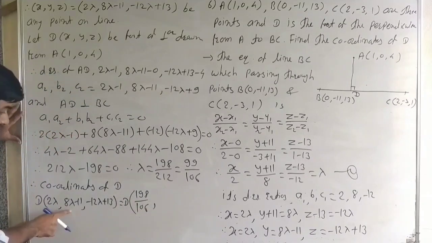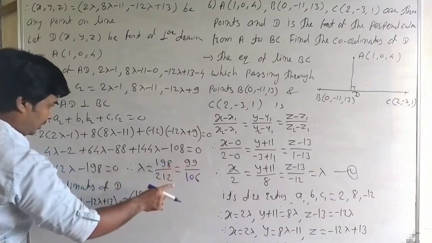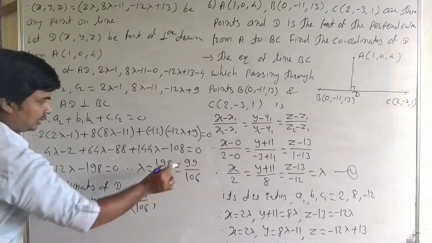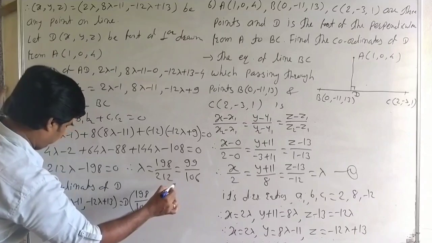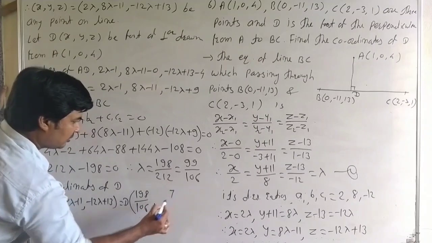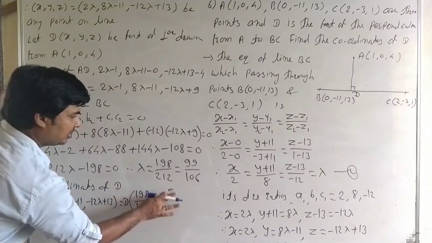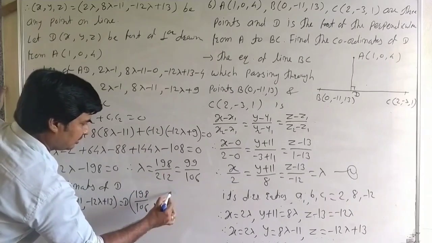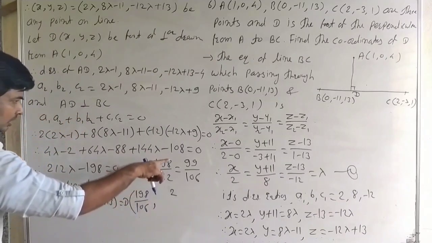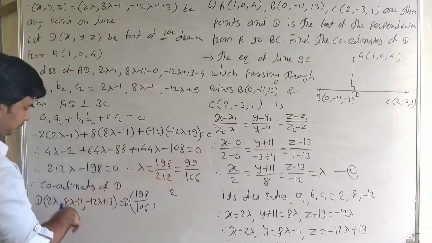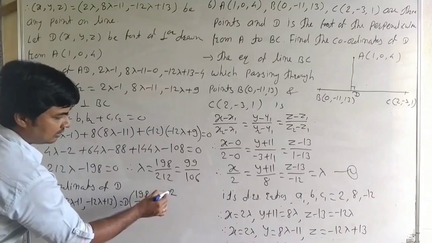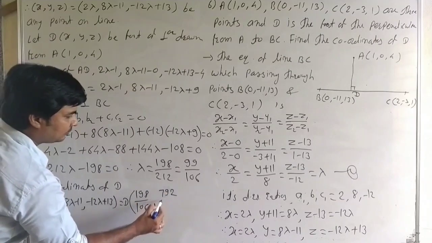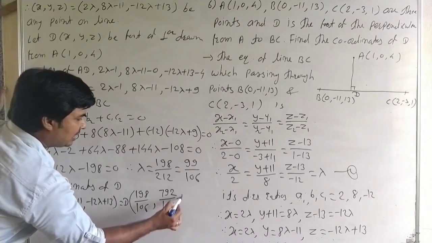Then 8 lambda minus 11, 8 into 99, 8 nines are 72, carry 7, 8 nines are 72, 72 plus 7 is 79 upon 106 minus 11.